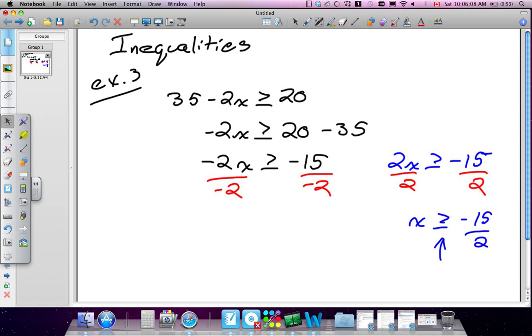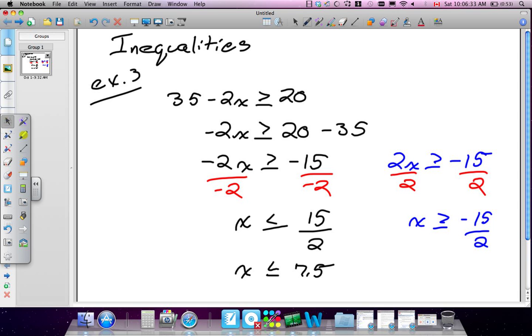But because we're dividing by a negative number, and the same goes for multiplying by a negative number, whenever there's a negative involved, our inequality is going to change directions, okay? So this then becomes x is less than or equal to positive 15 over 2, which is 7.5. So x is less than or equal to 7.5.